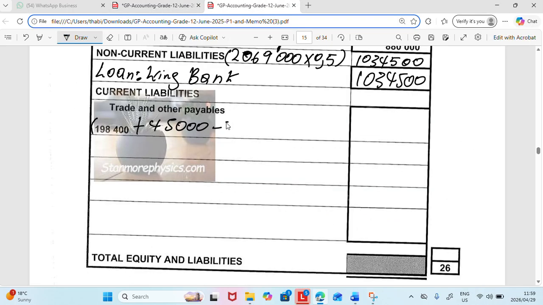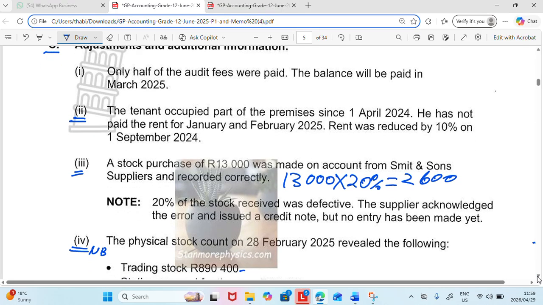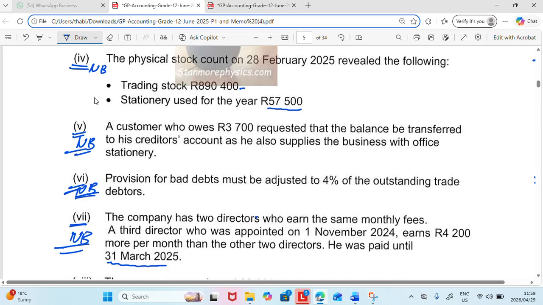Then we minus 2,600, and then we also have that account that was transferred, guys. Do you remember that 3,700?